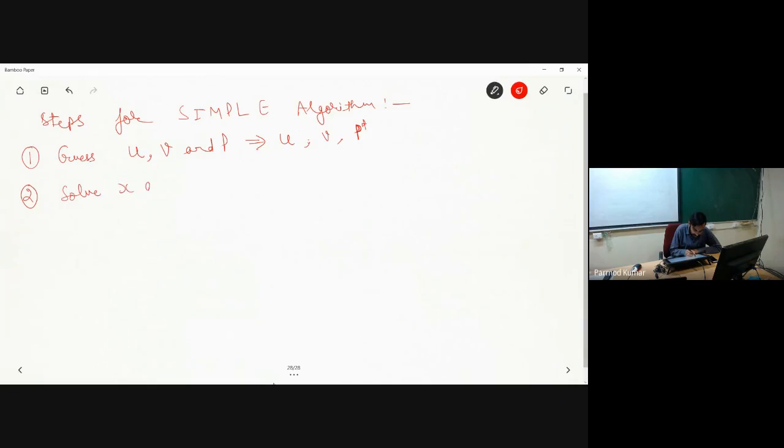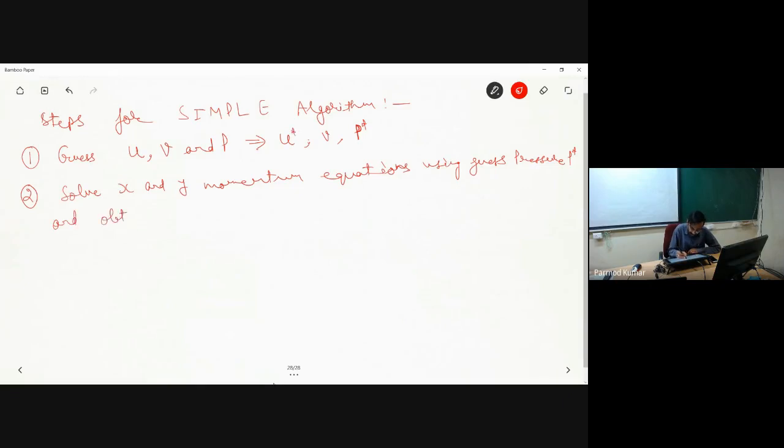Solve X and Y momentum equations. We have to solve the X and Y momentum equations using the guessed pressure P star. Why have you dropped the star sign in U and V?